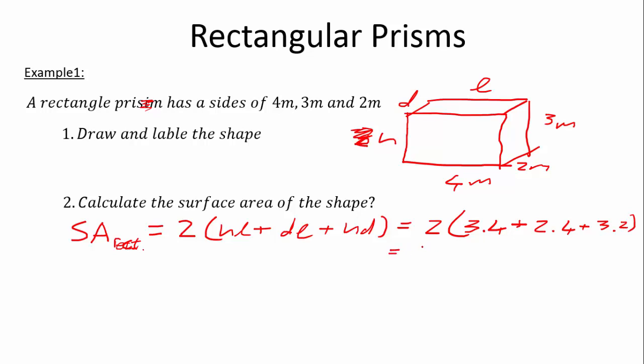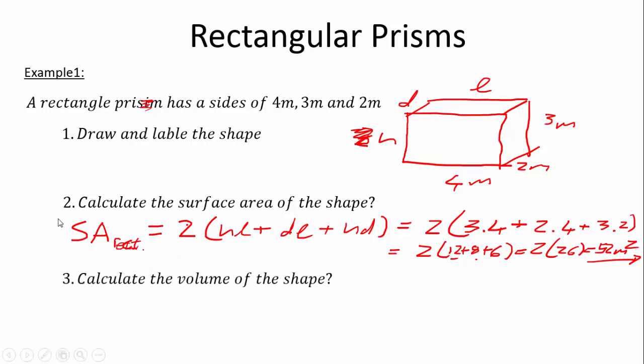So this is 2 multiplied by 12 plus 8 plus 6, which equals 2 multiplied by 26, and that is 52 meters squared. That is the surface area of our rectangular prism.